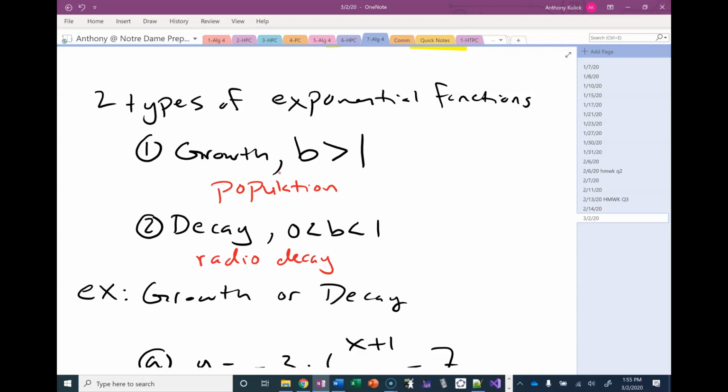How many of you are in econ class or have taken an econ class? Can you think of anything from economics that could be described exponentially? Money. Need to be a little bit more specific than that. Supply and demand. No, that's not really what I'm thinking of. It's like one of those graphs that's inflation. How about savings?